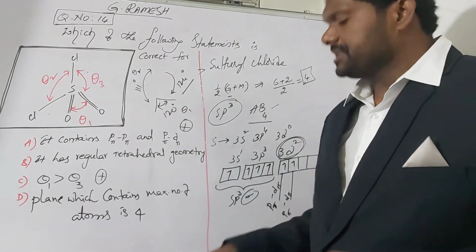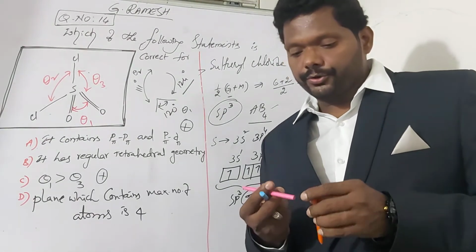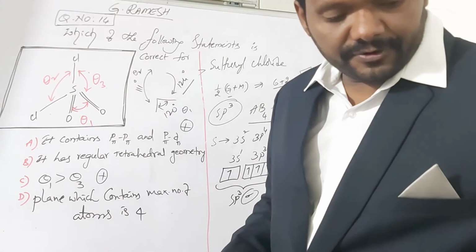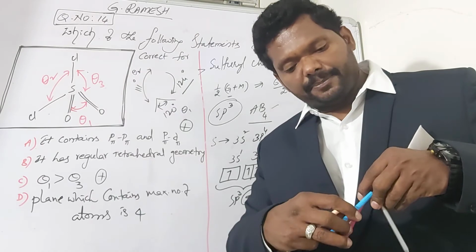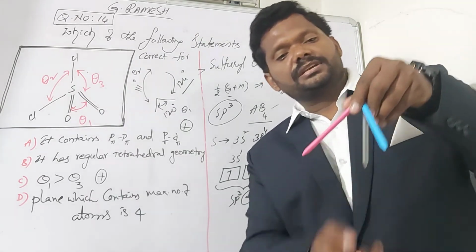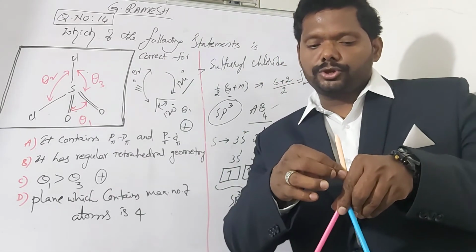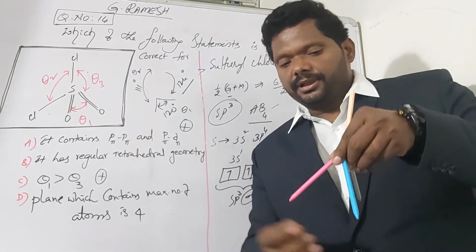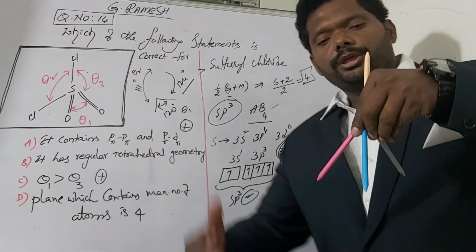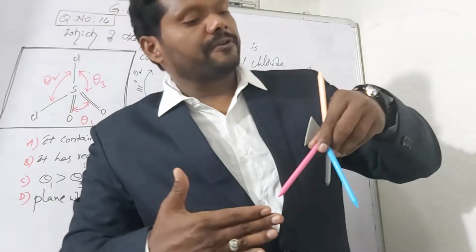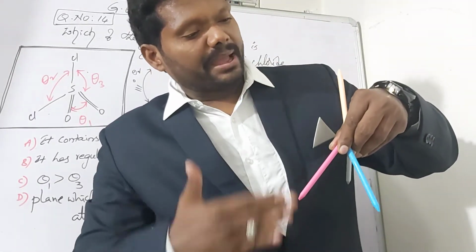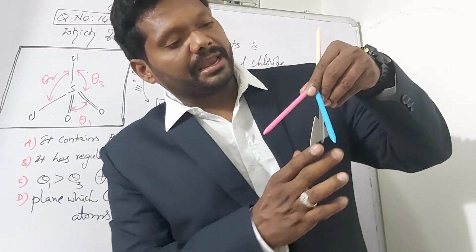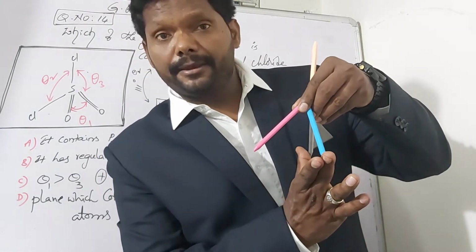And finally, the plane which contains the maximum number of atoms is 4. I told you this is sp3 hybridization, tetrahedral. I will show you the sp3 geometry. Just have a look at this. It can have a pyramidal type, and if you take one more atom on the top, it will be sp3, called tetrahedral geometry. Whatever plane you draw through the central atom and one more atom, you can touch a maximum of 3 atoms only, leaving 2 atoms out of the plane.